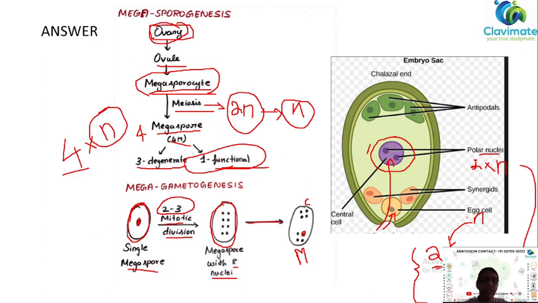It becomes a zygote, where the seed forms. What will the 3n become? It forms the endosperm. Endosperm is the tissue which provides nutrients to the embryo, or the zygote. So the zygote is here, and this is the endosperm.